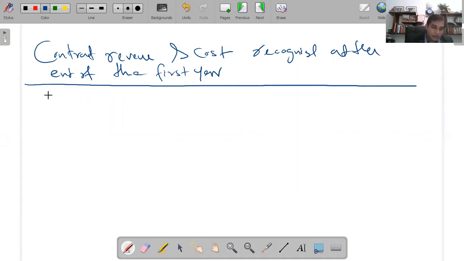Now revenue and the cost. First, let me discuss the cost.